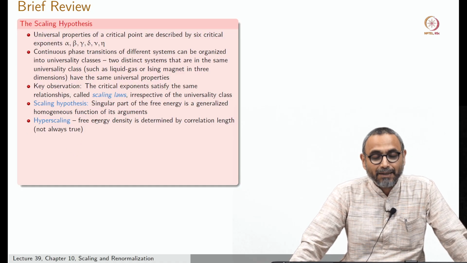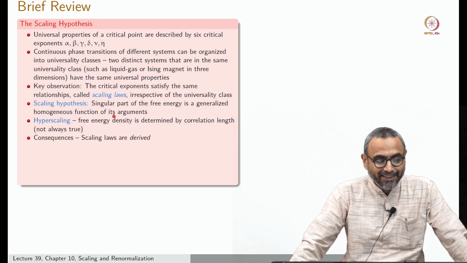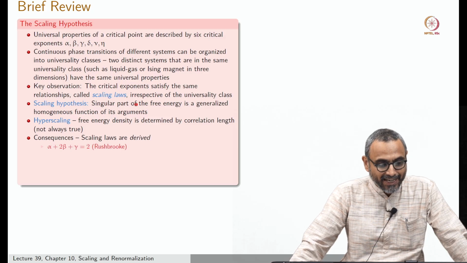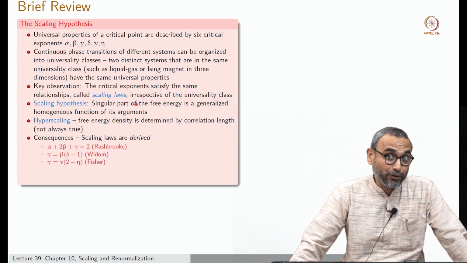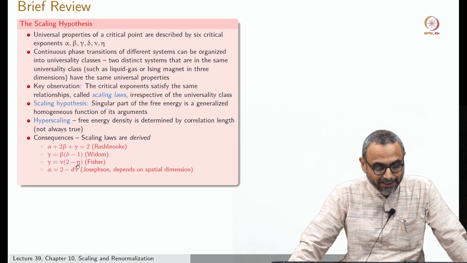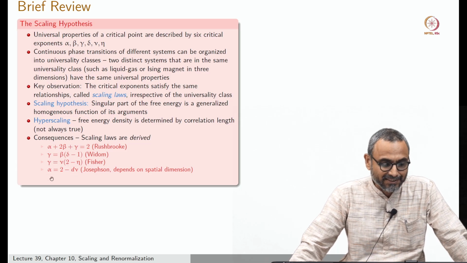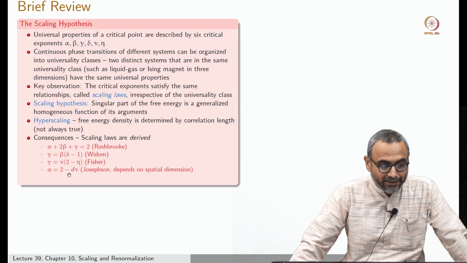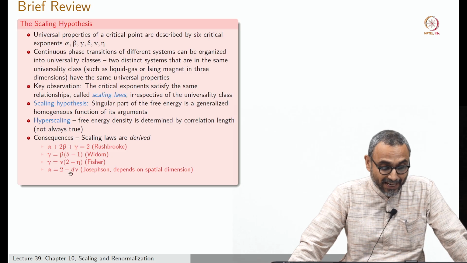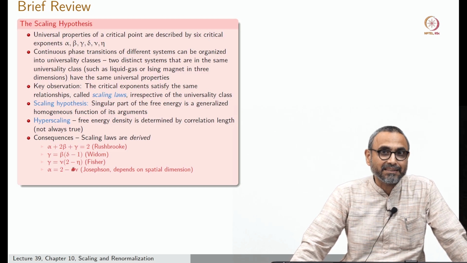If you make this hypothesis as well, then all the scaling laws known in low dimensions can be derived. You will find that the scaling laws such as the Rushbrooke law, the Widom law and the Fisher law do not depend on the spatial dimension, and the one that is provided by the hyperscaling relation does depend on dimension, and it connects the specific heat exponent to the exponent corresponding to the correlation length, and the spatial dimension explicitly enters this scaling law.